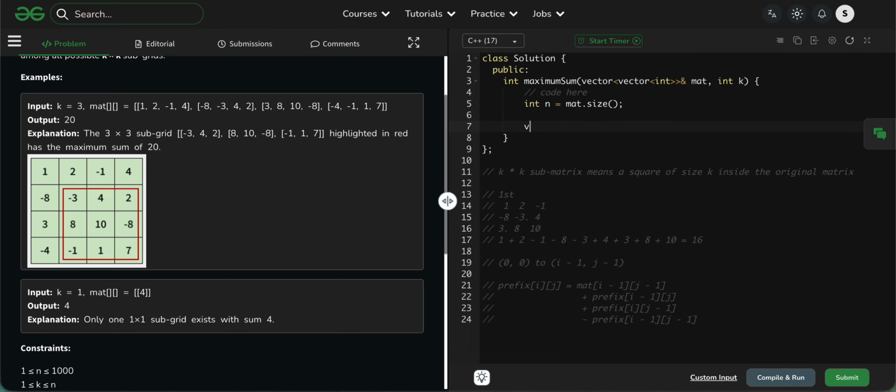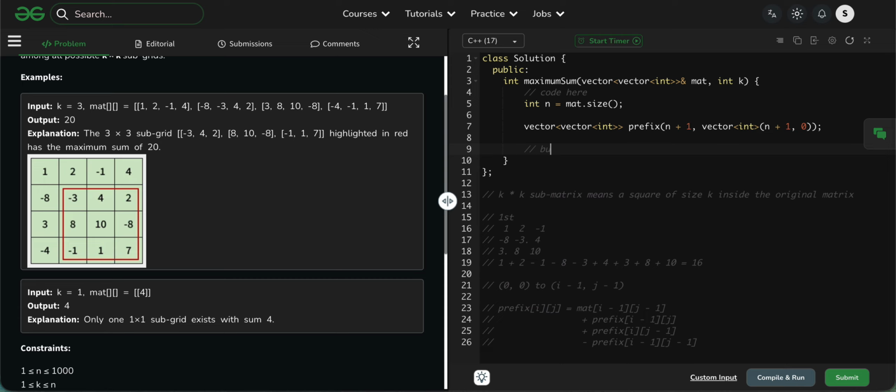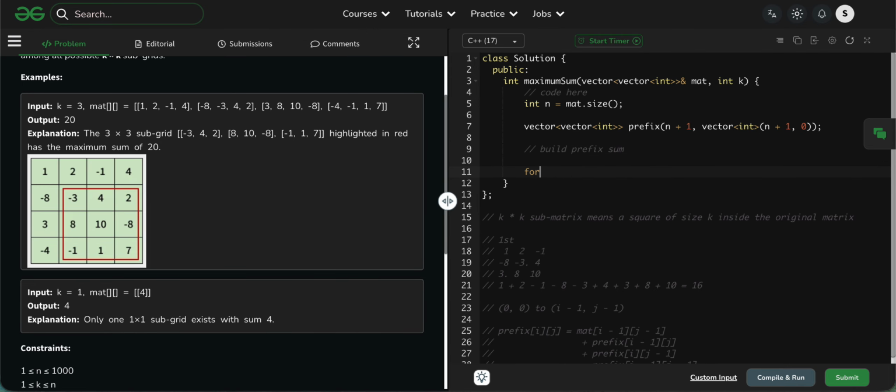And then we can create a vector of vector int prefix of n plus 1, and vector int n plus 1 to 0, got it? Now build the prefix sum, got it?